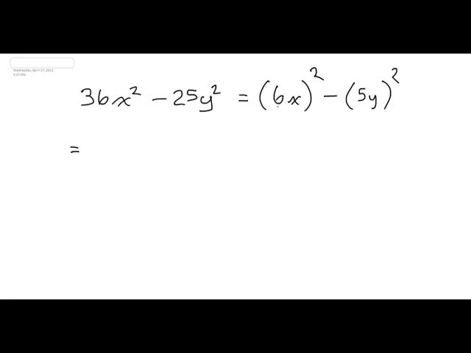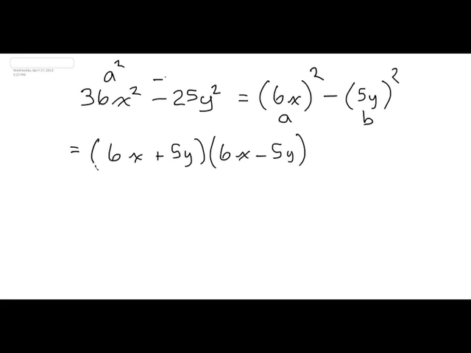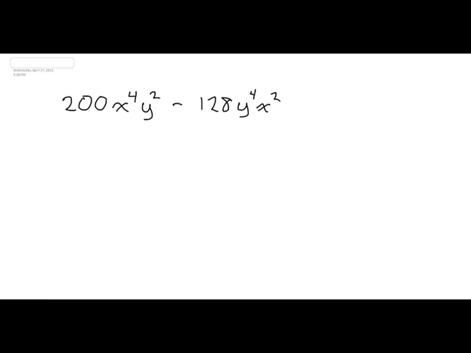So if this is my A value and this is my B value, I'm going to have 6x plus 5y multiplied by 6x minus 5y. Again, simply using the identity that A squared minus B squared must always equal A plus B multiplied by A minus B.